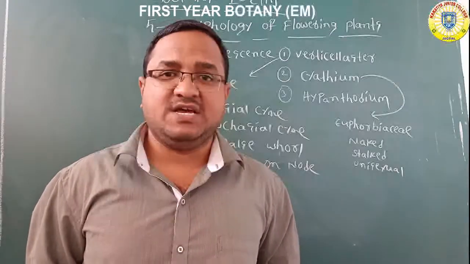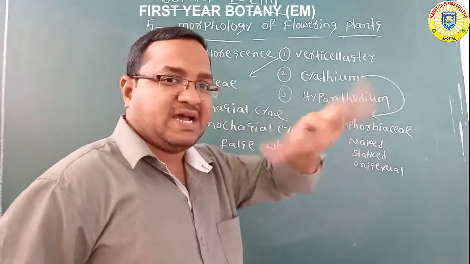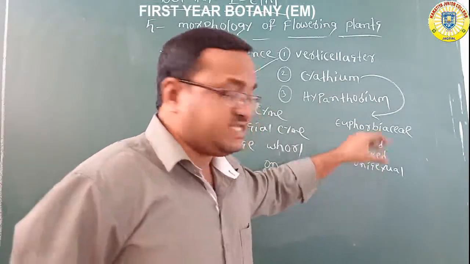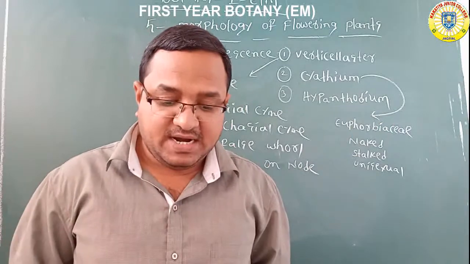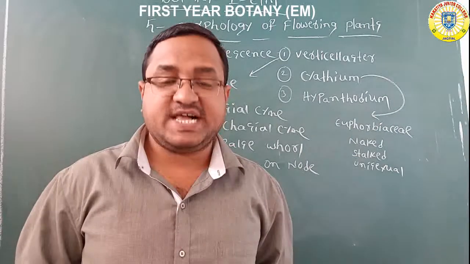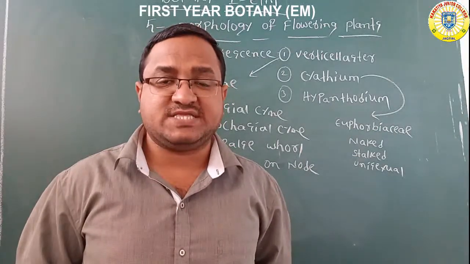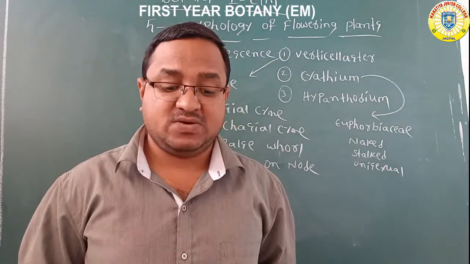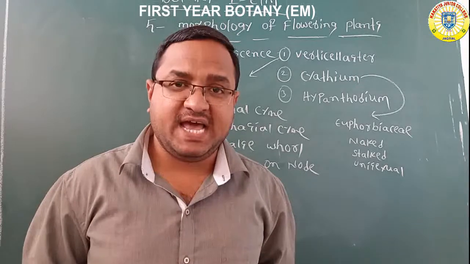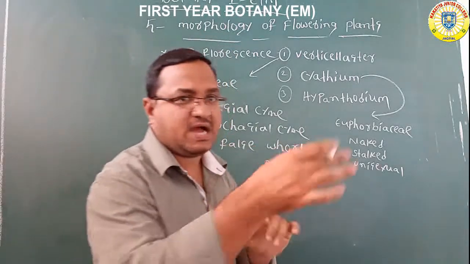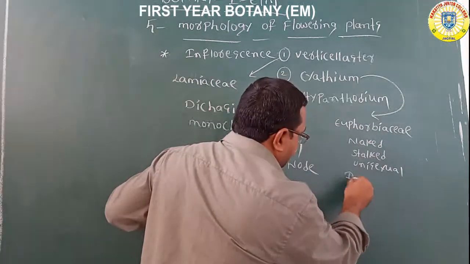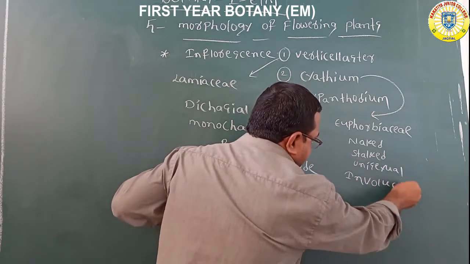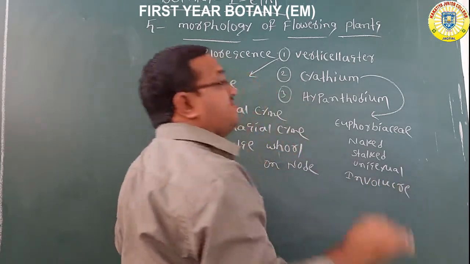Inside the cup-like structure, naked, stalked, unisexual flowers are developed. That is called the involucre of the bract.